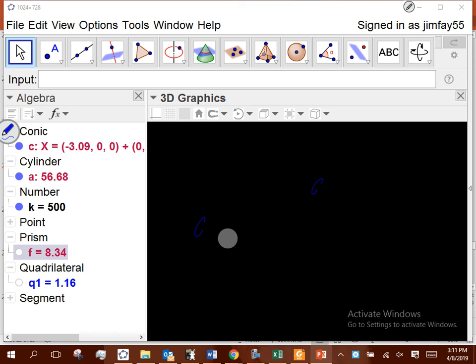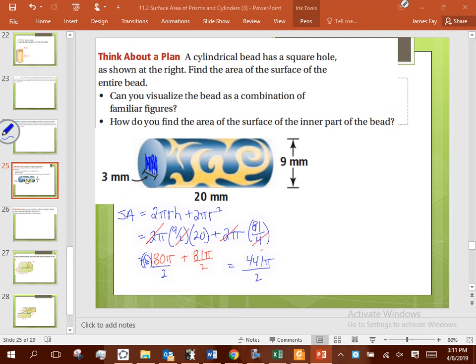Okay, so let's go back to this picture, and we'll do it up here. So you've got this cylinder, and we said that was 441 pi over 2, right? There's a square here that we're going to chisel out. We're going to cut it away.